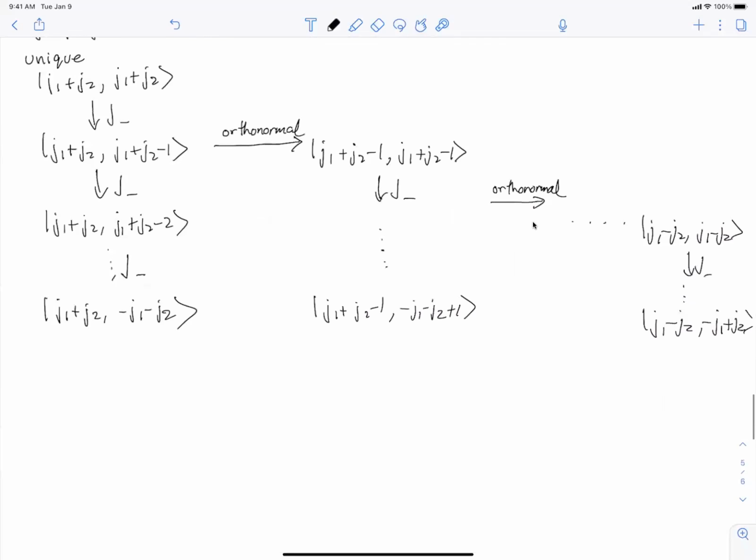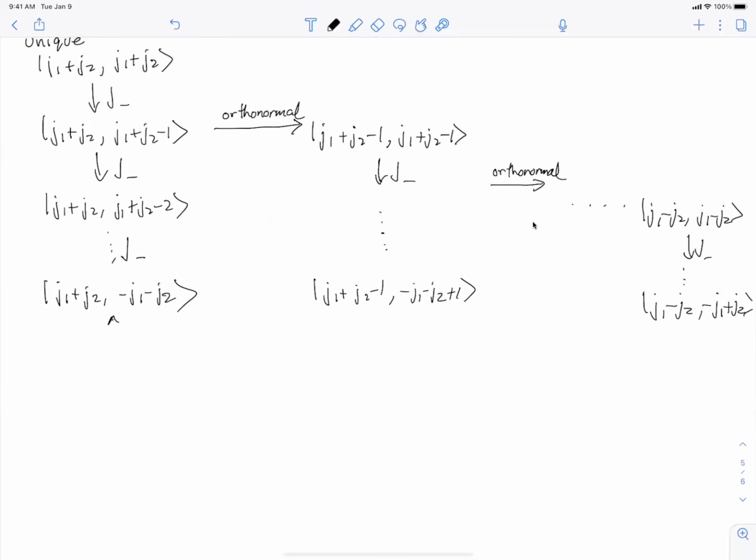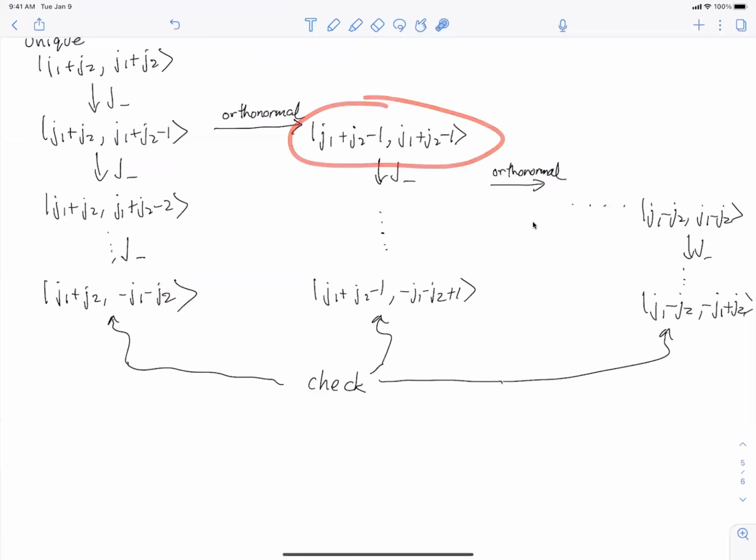Okay, and so in each of these, the last state in each column is a check, because those should be unique in the sense that they're going to be the same as the things at the top of each column, but with some minus sign changes in general.